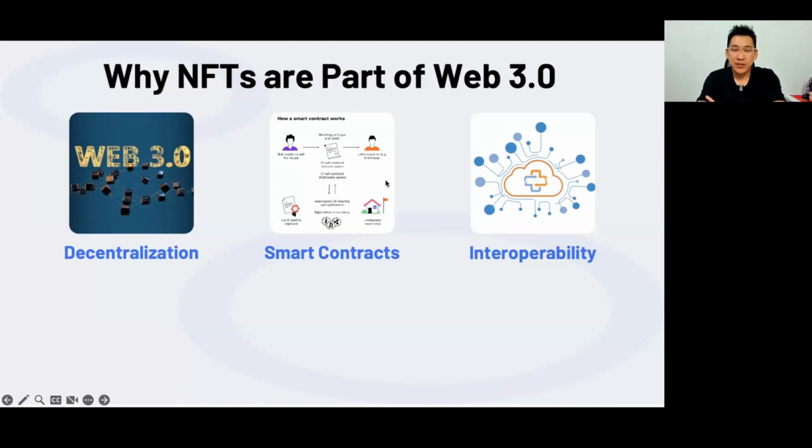All right. So what does NFT have to do with Web3? Now, this class is not about Web3, but it's about NFTs. However, they are intertwined, or should I say they are very related to each other. Therefore, it is important for us to cover a bit about this and to relate both of them together.